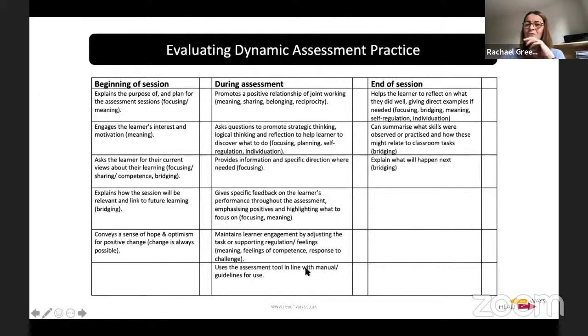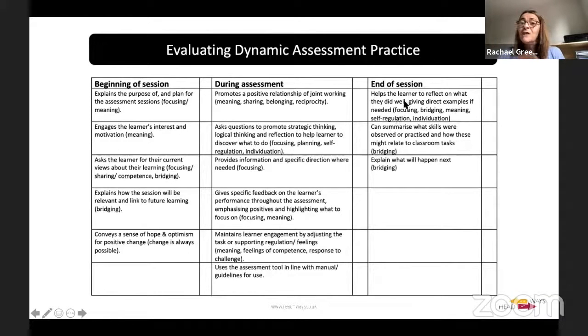The bottom one here is making sure that whatever assessment tool you're using, you have some knowledge of what the manual says about how to use it, or you've had some training. Sometimes there's quite specific guidance. If you're using the ACS-FS and Carol Lidz's tools, there's quite specific guidance about mediation within those. It's a different approach, in fact.